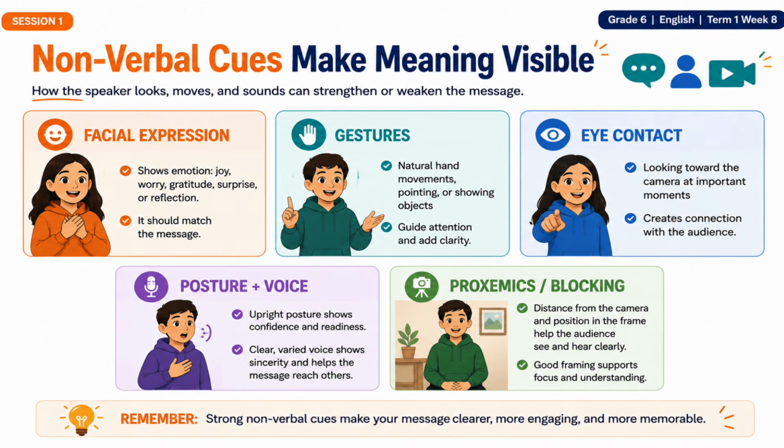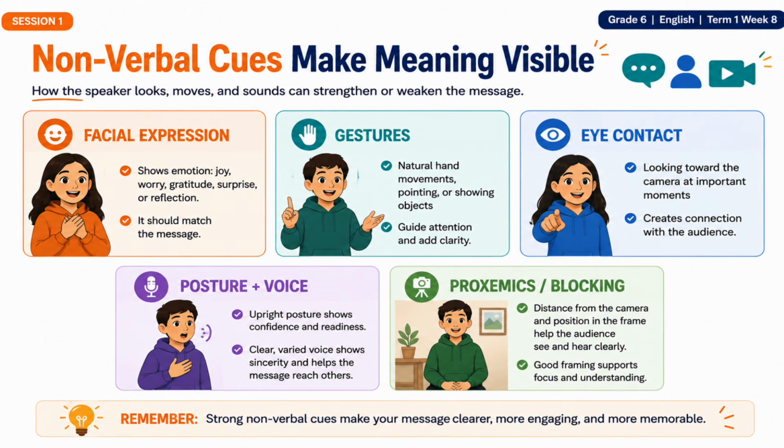Looking toward the camera during important moments can help create a stronger connection with the audience. Next is posture and voice. Sitting or standing upright can show confidence and readiness. A clear and appropriately varied voice can make the message easier to understand. Finally, we have proxemics or blocking. This refers to the speaker's distance and position in relation to the camera.